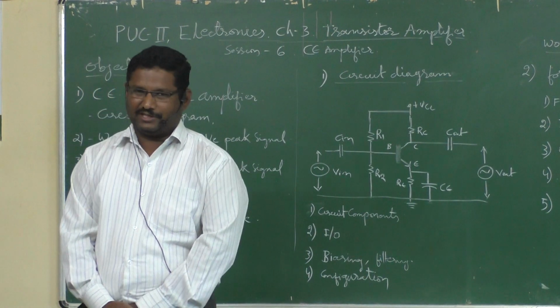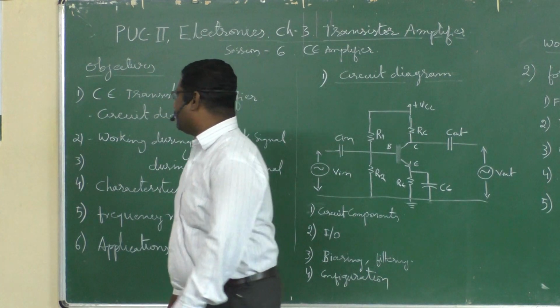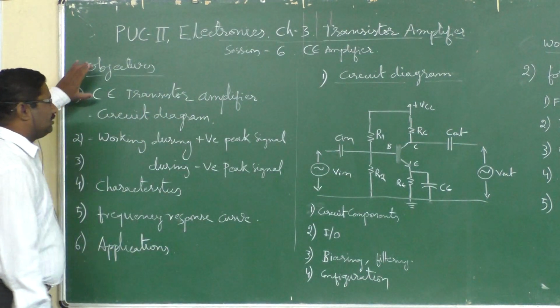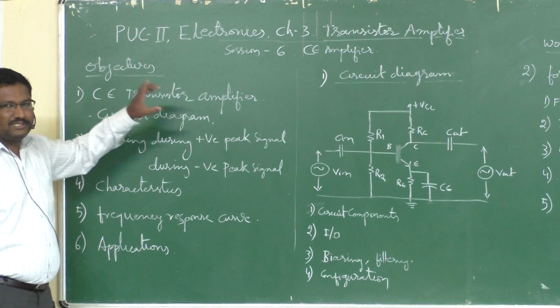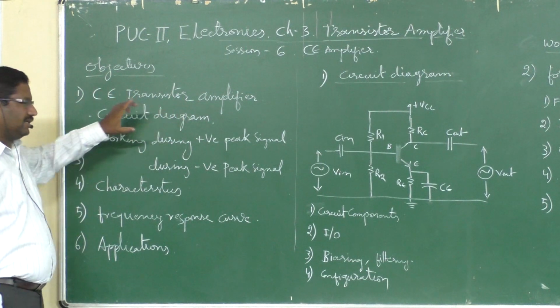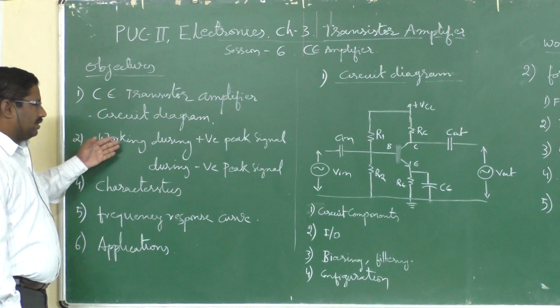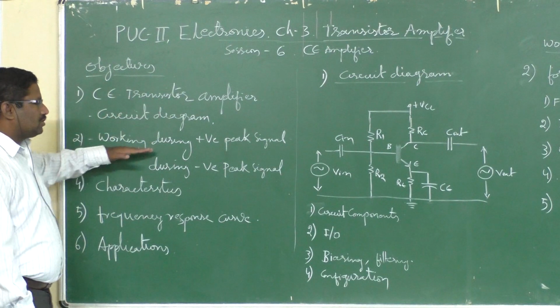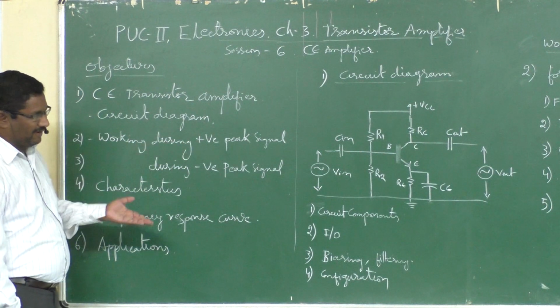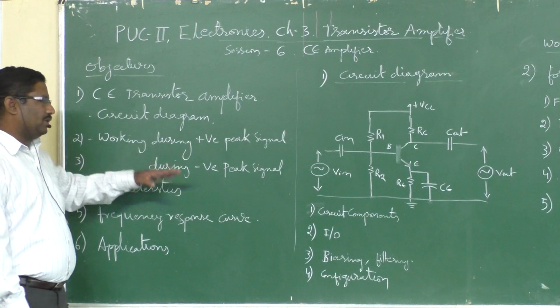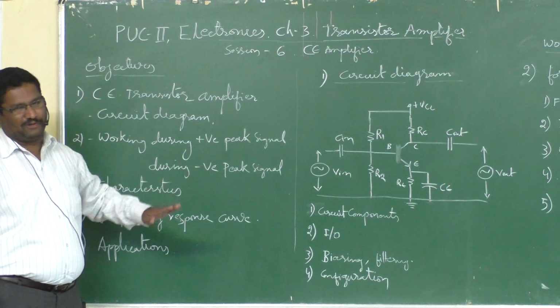Today in our class we are learning about the CE transistor amplifier configuration. The objectives of today's class are: first, the CE transistor amplifier configuration and its circuit diagram, and then the working of the circuit. During the positive input signal, how it amplifies, and during the negative peak of the input signal, how it amplifies.